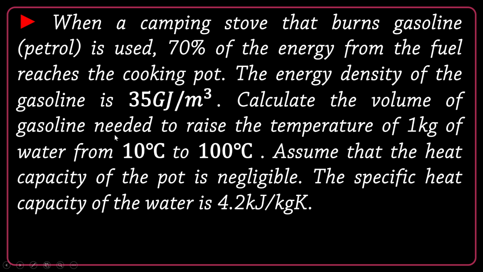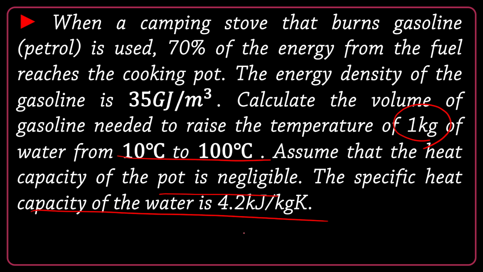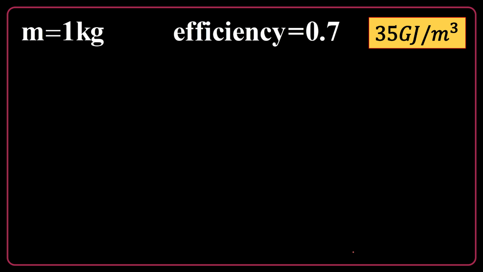Calculate the volume of the gasoline needed to raise the temperature of 1 kilogram of water from 10 to 100 degrees Celsius. Assume that the heat capacity of the pot is negligible and the specific heat capacity of the water is 4.2 kilojoule per kilogram Kelvin. It's actually 4,200 joules per kilogram Kelvin. Let's save the values here.